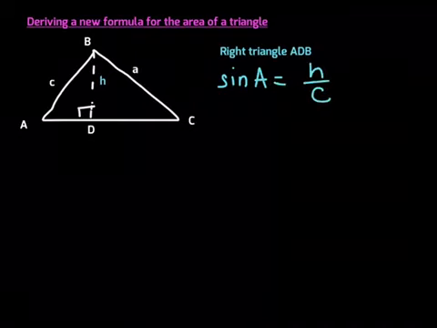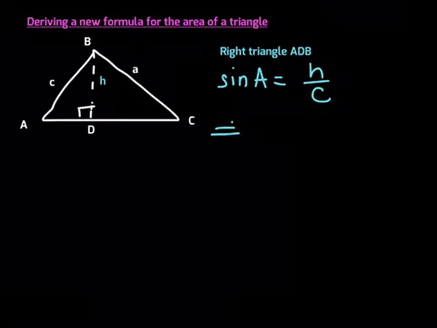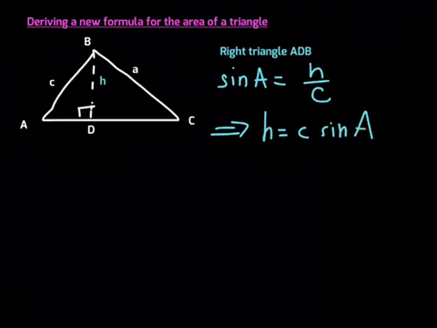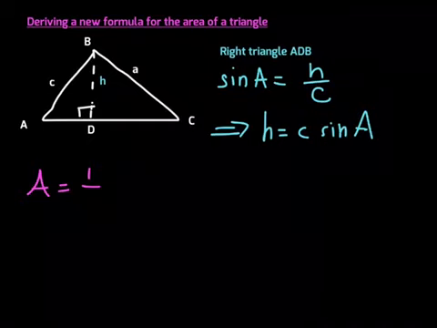H over C. That would imply that H is equal to C times sine of angle A. Now, our traditional formula for the area of a triangle is 1/2 times the base times the height.